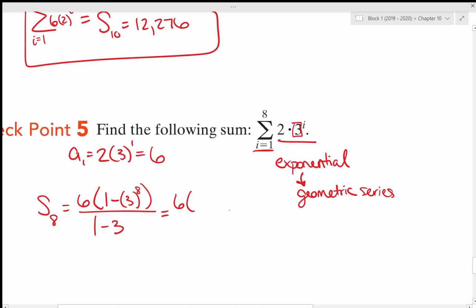So when I do this, I will get negative 6,560 in my parentheses. So I times by 6 and divide by negative 2. And I get the sum of these 8 terms to be 19,680.